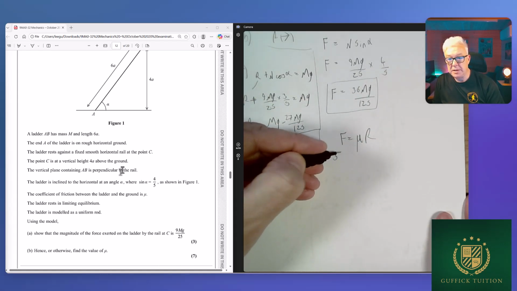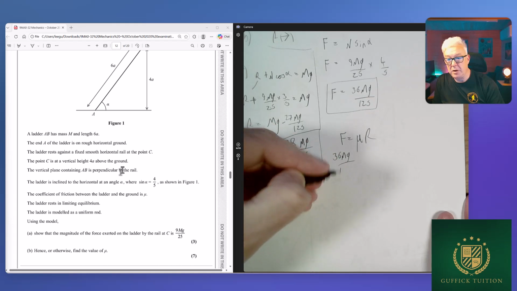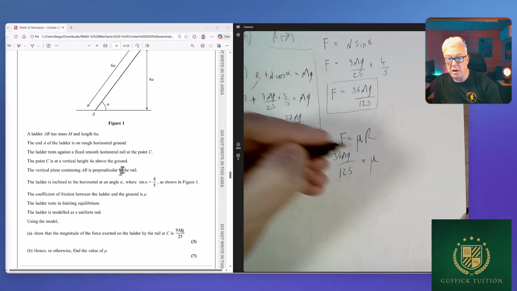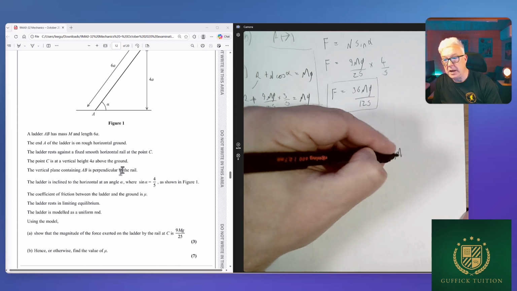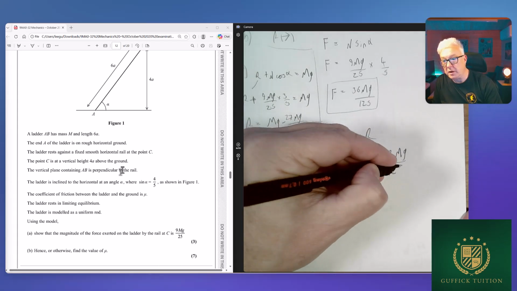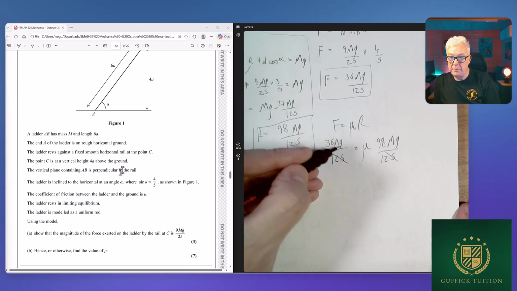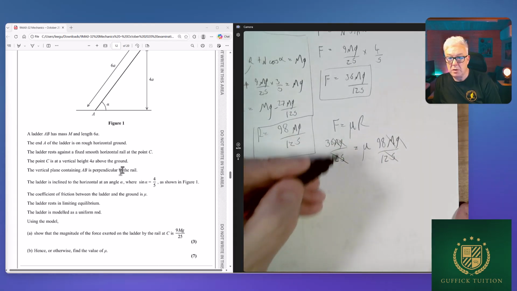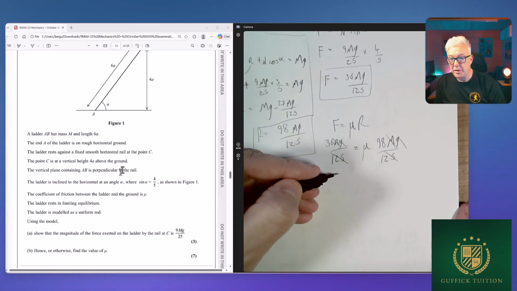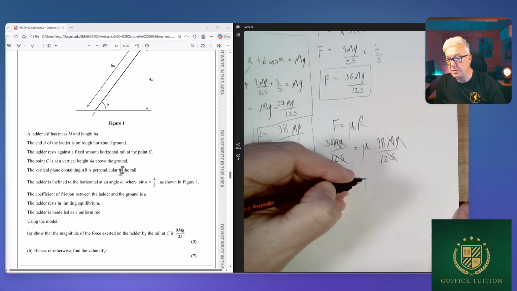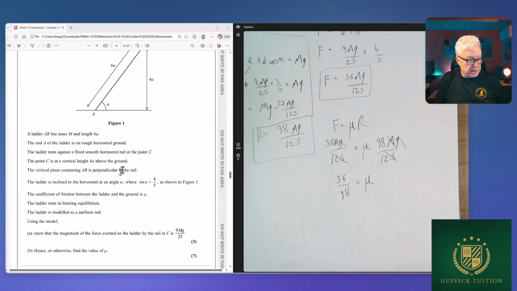So we have 36mg/125 is going to equal mu times R, which is 98mg/125. So the 125s can go, the m's can go, the g's can go, leaving us with 36/98 is equal to mu, which hopefully is going to simplify into something very nice.